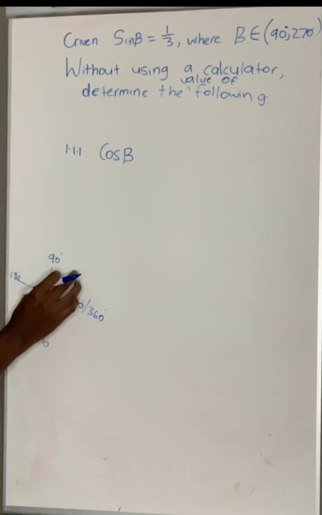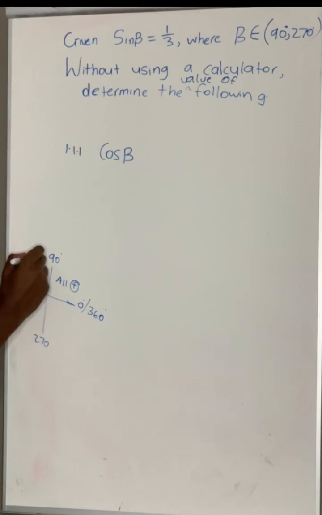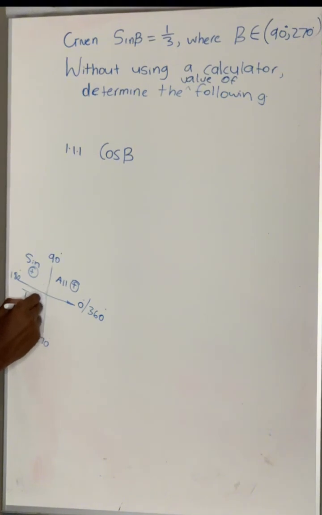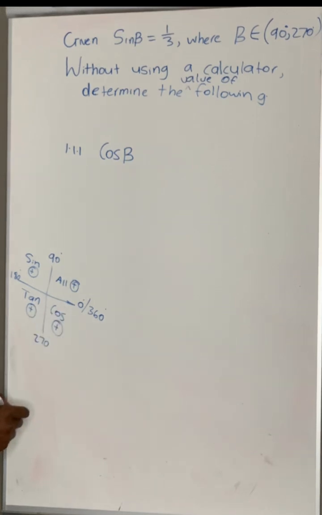Okay, so we have our 4 quadrants over here. So all trig ratios are positive in the first quadrant. Only sine is positive in the second quadrant. Only tan is positive in the third quadrant, and only cos is positive in the fourth quadrant.